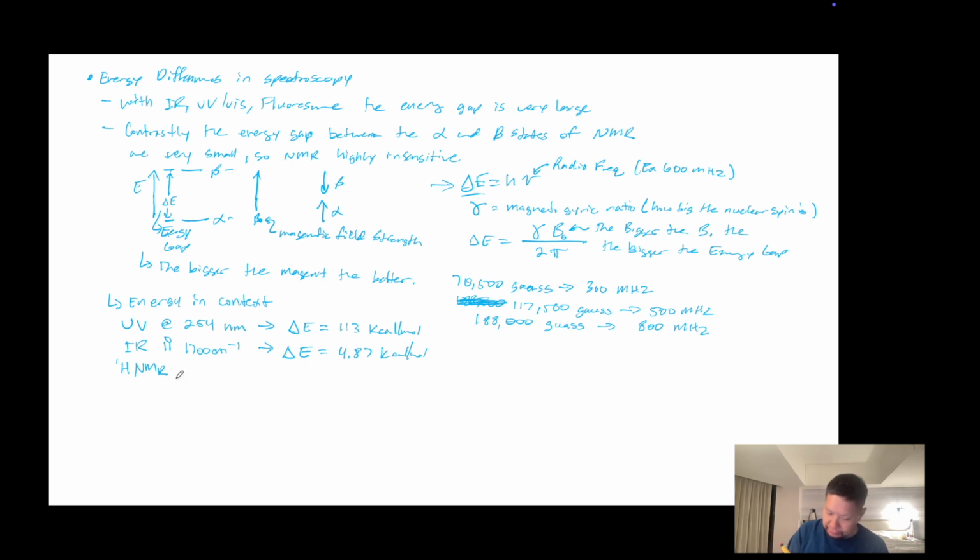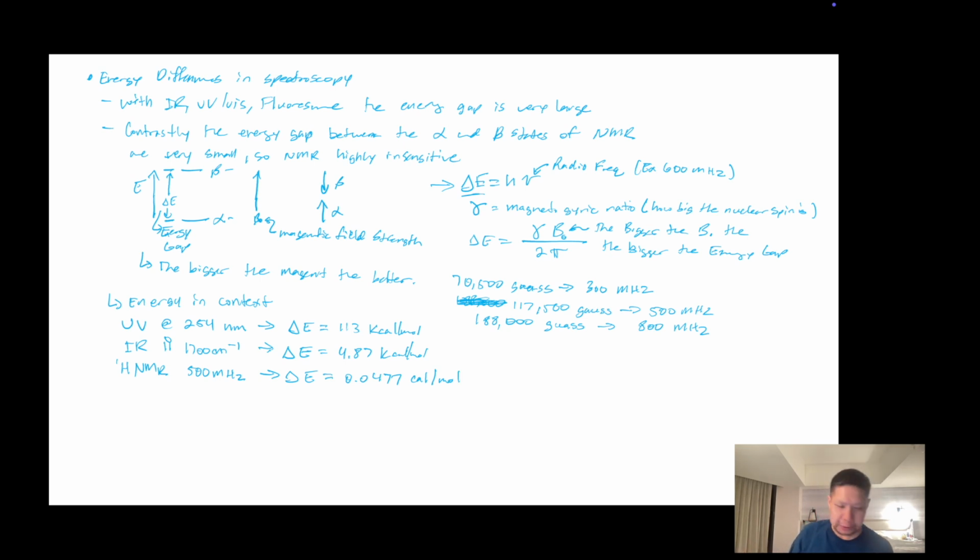This guy here, if we were to use a 500 megahertz instrument, we converted that to a change in energy, and we get a minuscule 0.0477, and wait for it, it's calories per mole, not even kilocalories per mole. So really, really tiny, right?